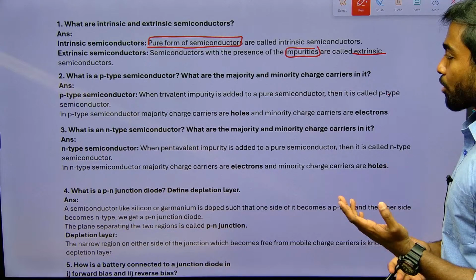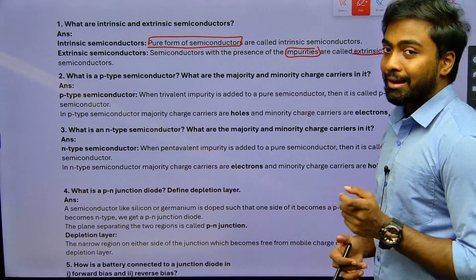Second question: what is a p-type semiconductor?